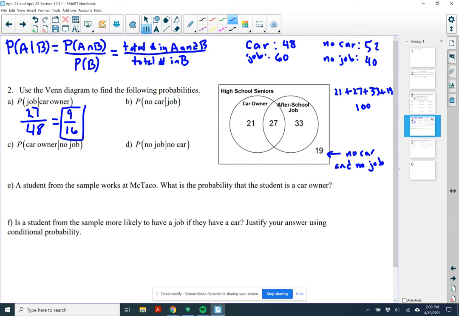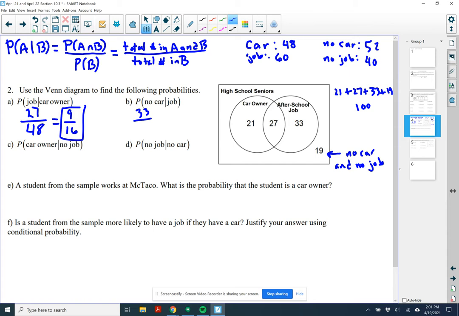Okay, part B, probability of no car given that they have a job. So we're going to take the number of students that have no car and a job, that's our 33. Remember, total in A and B. No car is A, job is B. Total number that have no car and a job, that's 33.